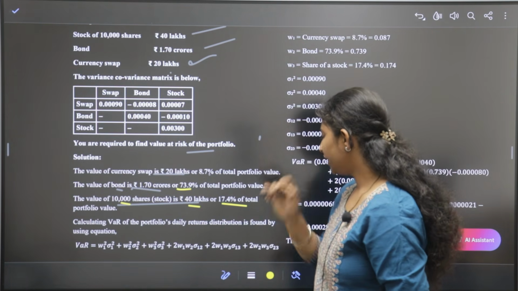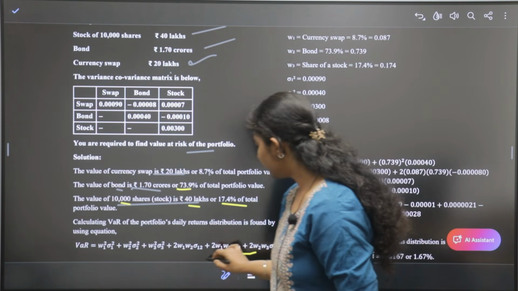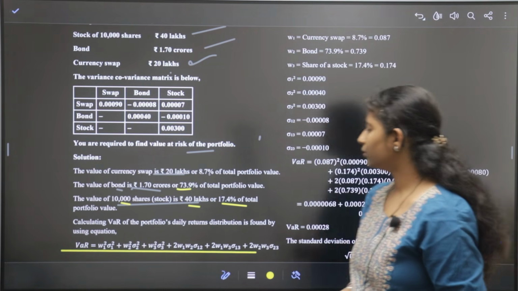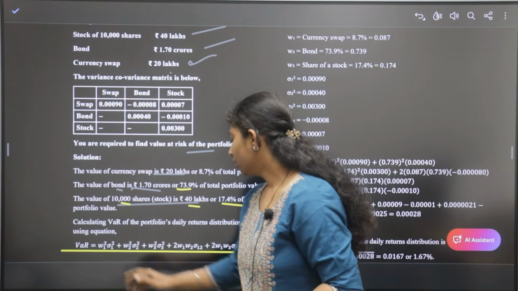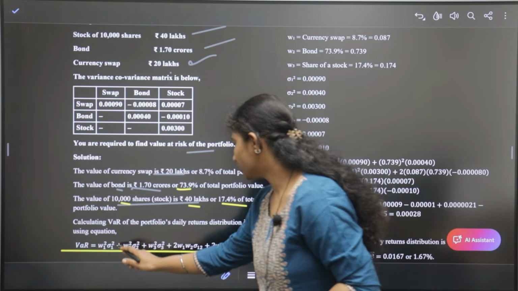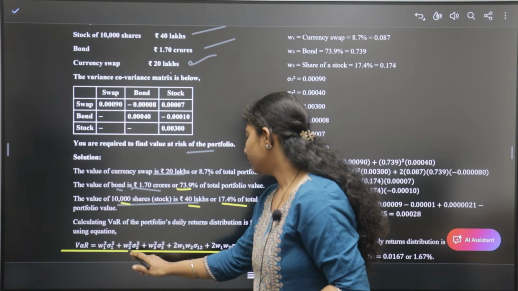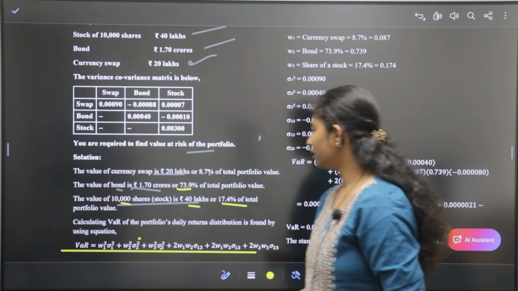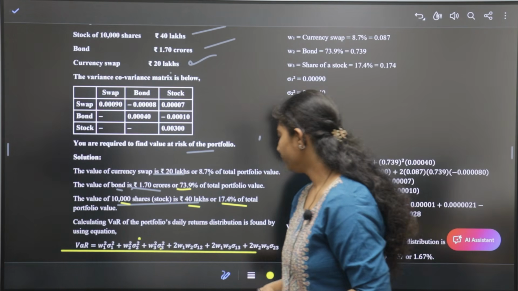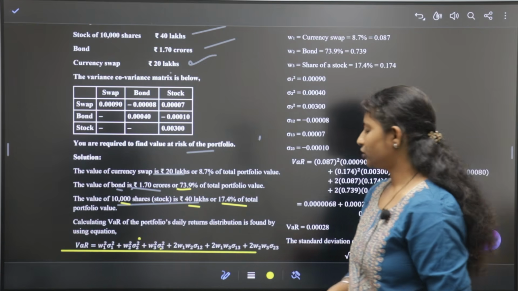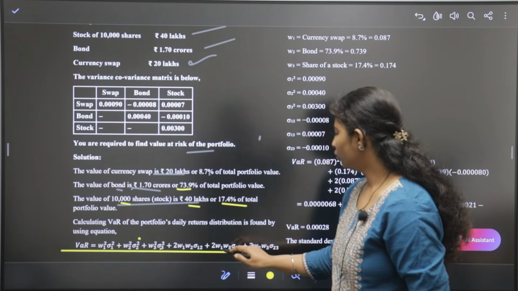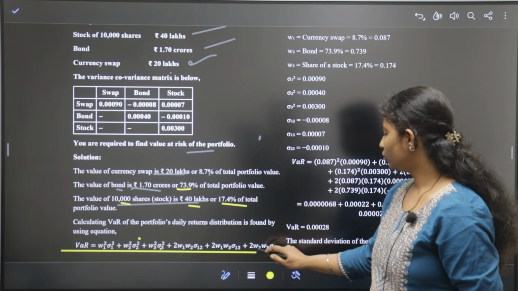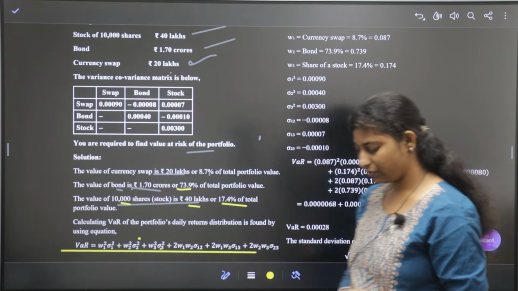Now calculating the VaR. This is a very important formula, remember it. VaR is equal to W1 squared standard deviation 1 squared plus W2 squared standard deviation 2 squared plus W3 squared standard deviation 3 squared plus 2 W1 W2 standard deviation 12 plus 2 W1 W3 standard deviation 13 plus 2 W2 W3 standard deviation 23.